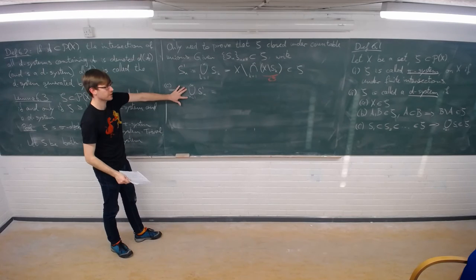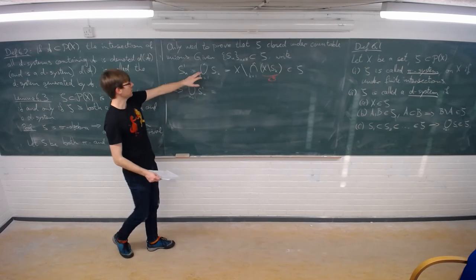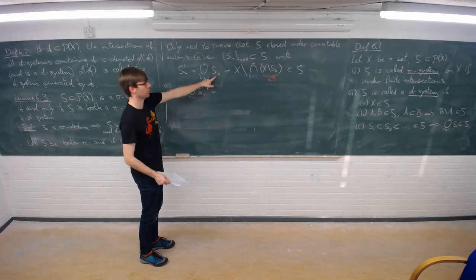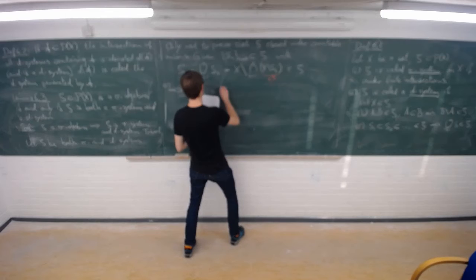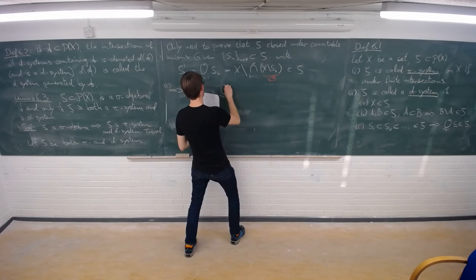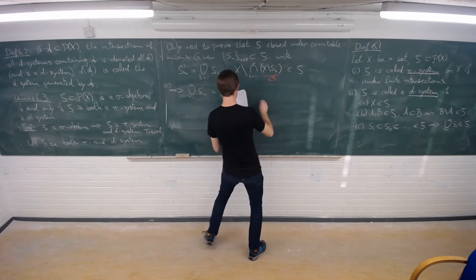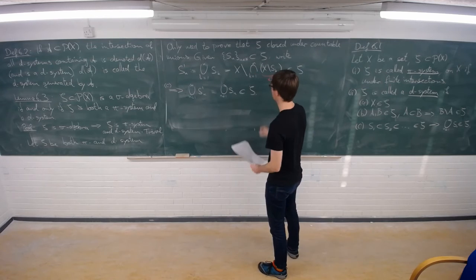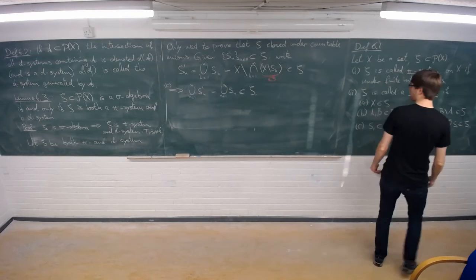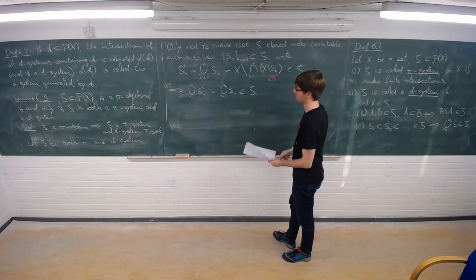So the union of the Sn prime is in S, but the union of the Sn prime is equal to the union of all Sn, right? So this shows closedness under countable unions.